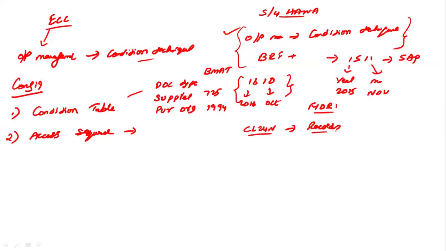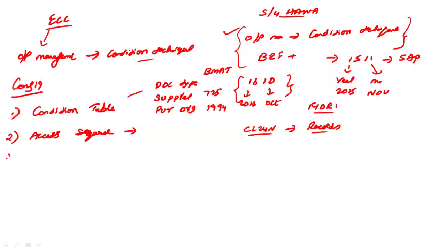Those are the records. So access sequence is going to make the system automated to trigger the output automatically. Wherever you see access sequence, you need to understand that something is going to be automated here. The main job of access sequence is to automate things.